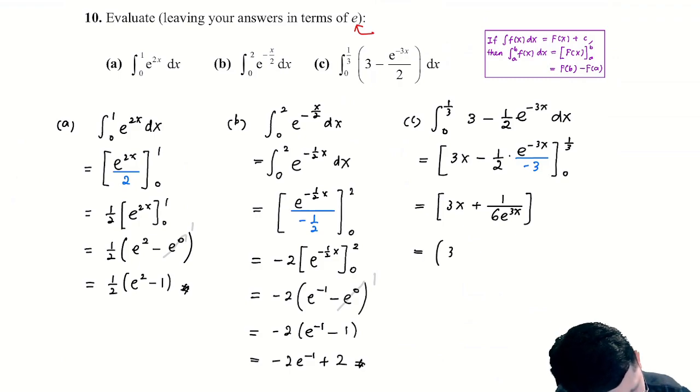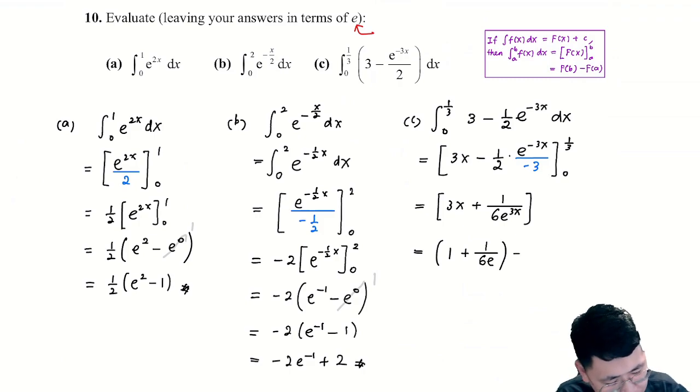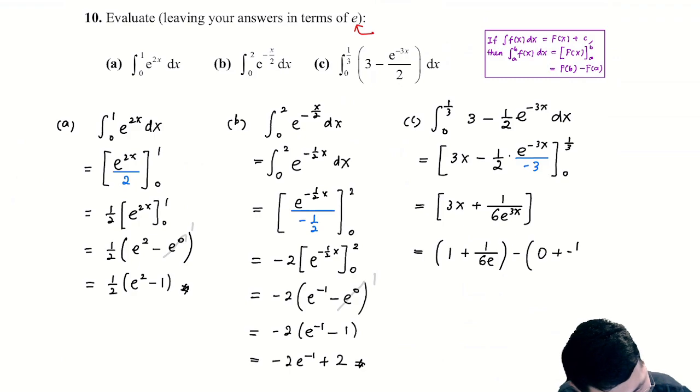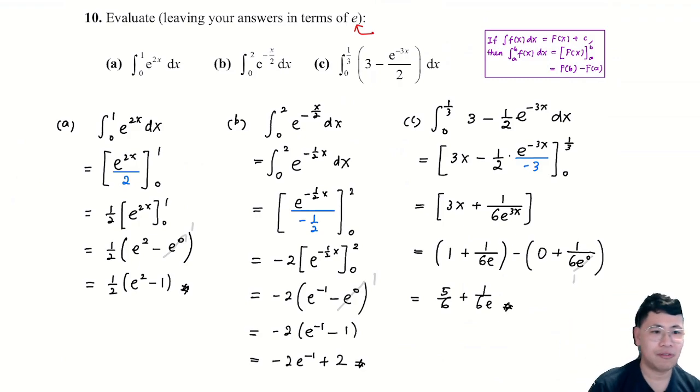First bracket, I have 3 times 1/3, which is just 1, plus 1 over 6e. Subbing in the 1/3 to 3x will give me 1. Then I will sub 0 to get 6e^0, but take note our e^0 over here is 1. So over here, 1 minus 1 over 6, so 5 over 6 plus 1 over 6e would be our final answer for part C.